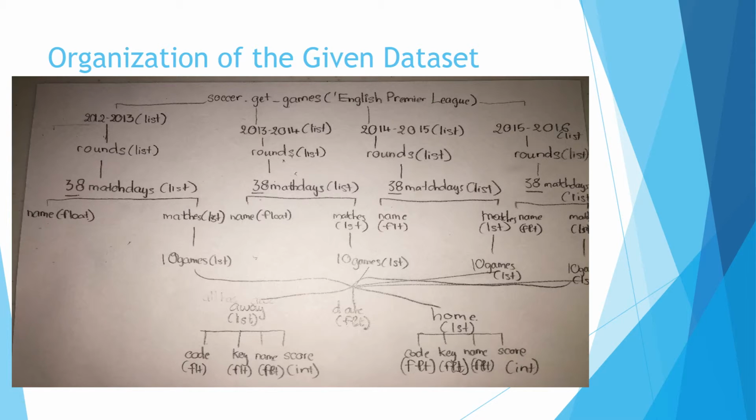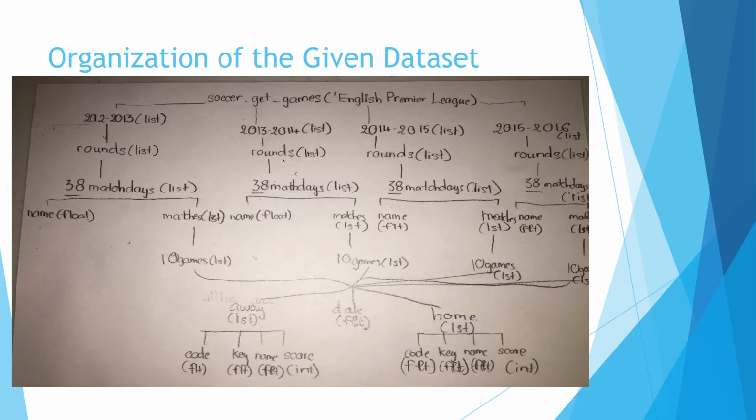Within that we have the rounds, which is a list, and then we have the 38 match dates, which are the rounds. They are also lists. Within that we have a name and matches. Name is a float, matches is a list, and within the list we have 10 games for each match day.